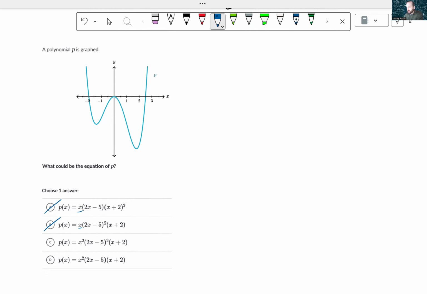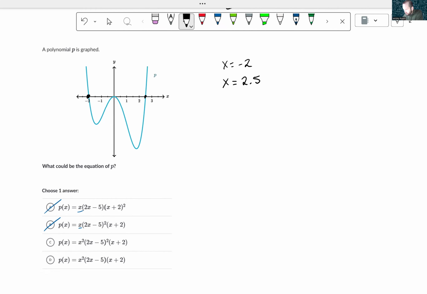So now let's look at what C and D could be. Our other x-intercepts are at x equals -2 and x equals 2.5. So this is what we're looking for. X equals -2 and x equals positive 2.5.